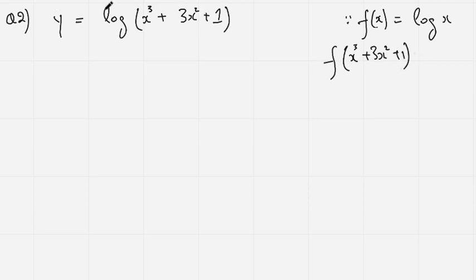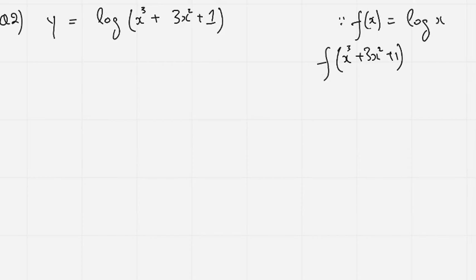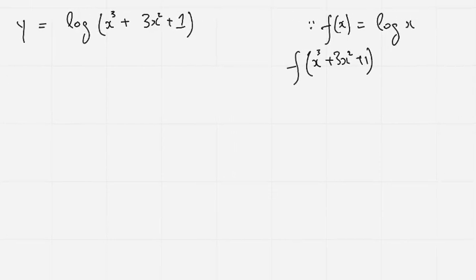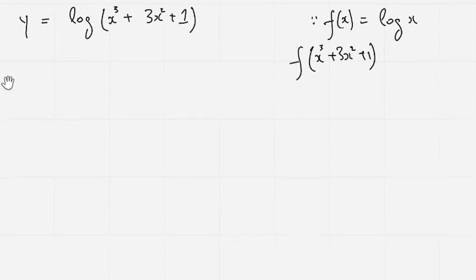So that's how my log function is going to be. Let me slide a little left so I can get enough space to write. So it is now log of x cubed plus 3x squared plus 1.